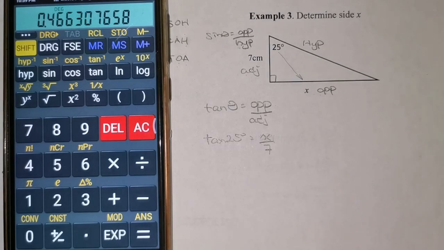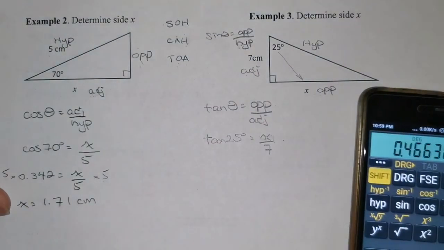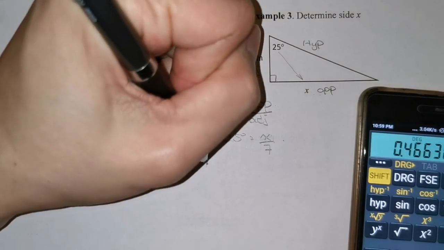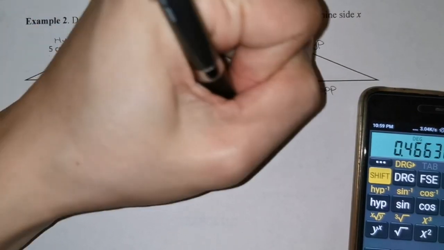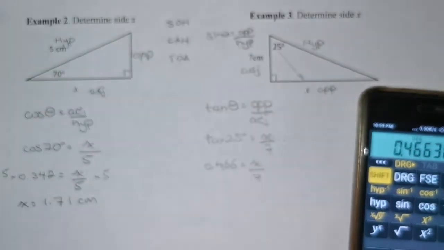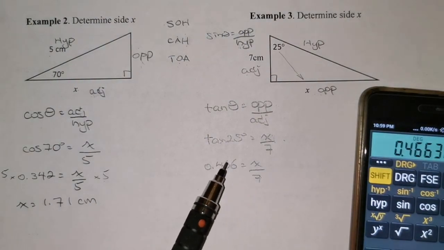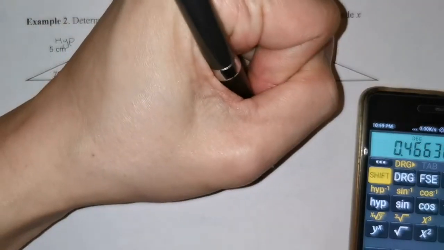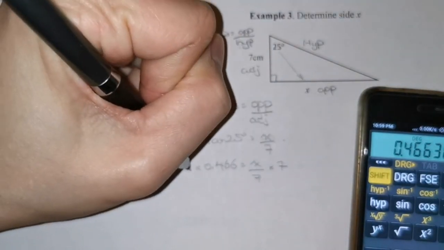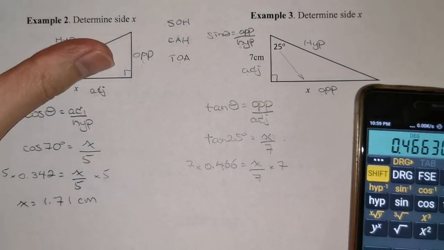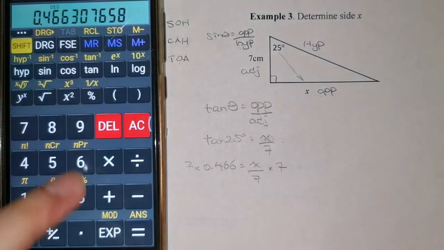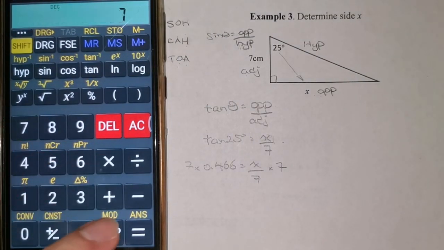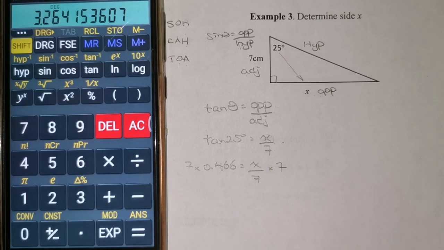So 0.466. In order to solve for x, we want to multiply both sides by 7. So then here, I will times that by 7, get 3.26.